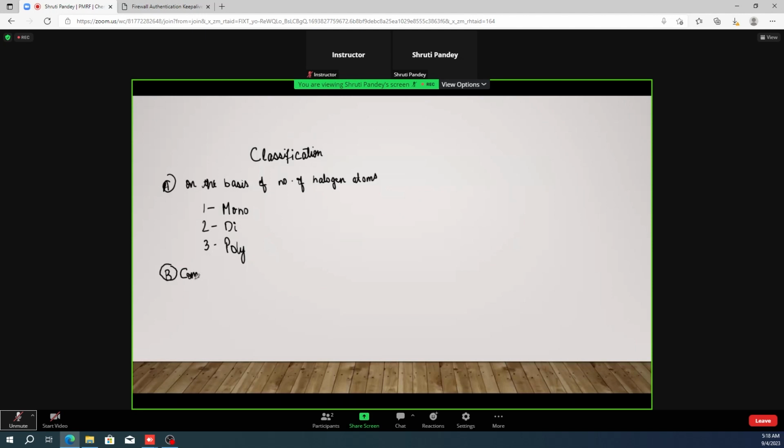Compounds containing sp3 carbon and halogen bond. So this X, as I told you earlier, this X means the halogen atom that we are talking about. So this CX bond, ठीक है, यहाँ पे जो carbon है that is sp3 hybridized.